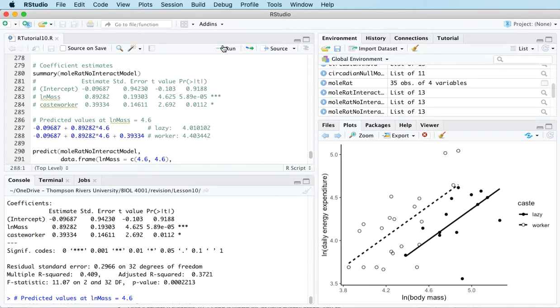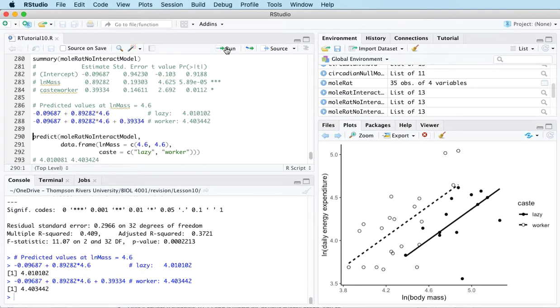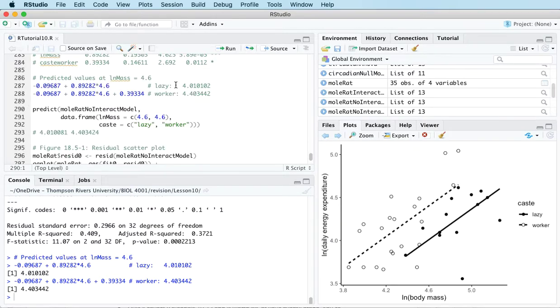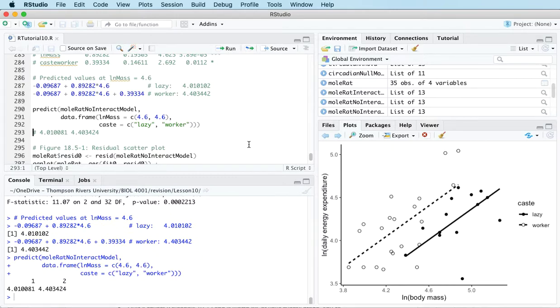We do that calculation and we get a shade over 4.4. Again, that matches up with what we got on the graph. And if we don't want to do those hand calculations, we can just use this code to get the predictions calculated for us.